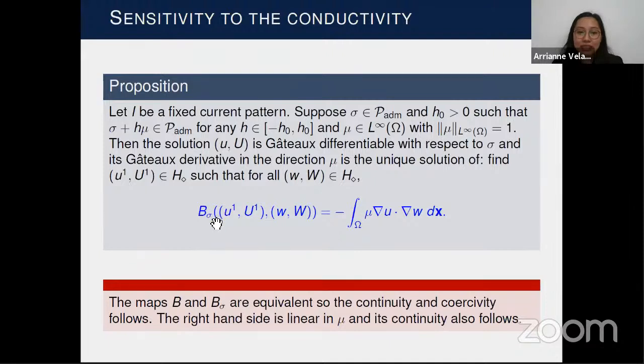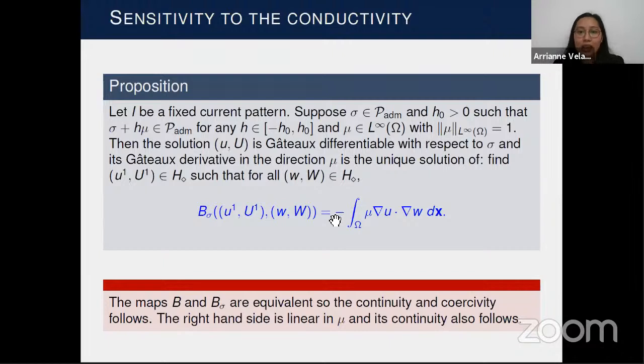Since B sigma here is equivalent to the bilinear form we defined earlier, coercivity and continuity follow, and the right hand side is obviously linear in mu, and it's also continuous. So from this, we can now approximate the Gateau derivative by solving this variational formulation.